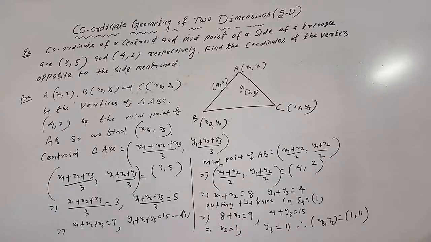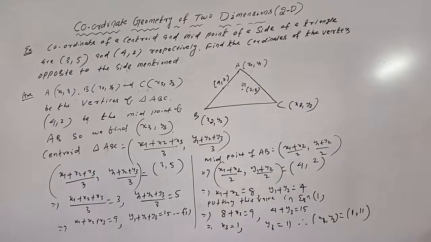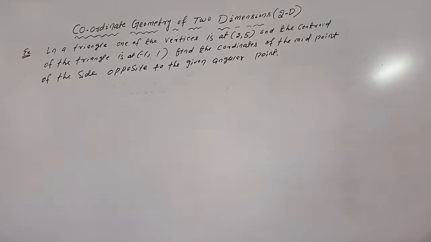Okay, next we will do another question also. In a triangle, one of the vertices is at 2 comma 5 and the centroid of the triangle is at minus 1 comma 1.